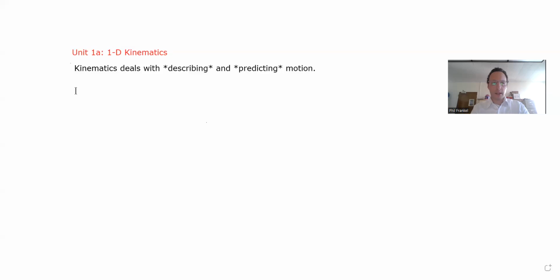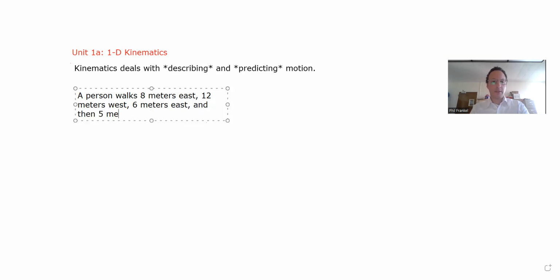So let me give you an example of kind of a word problem describing the motion of an object, and we'll talk about some vocabulary and some terminology associated with analyzing the situation. So suppose I tell you that a person walks 8 meters east, 12 meters west, let's see, 6 meters east, and then 5 meters west.